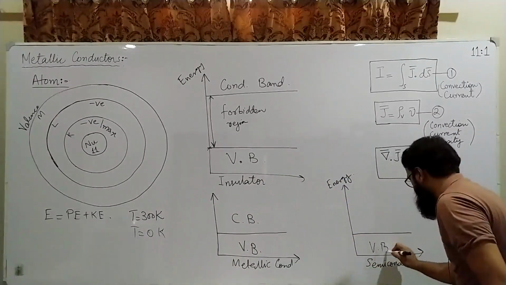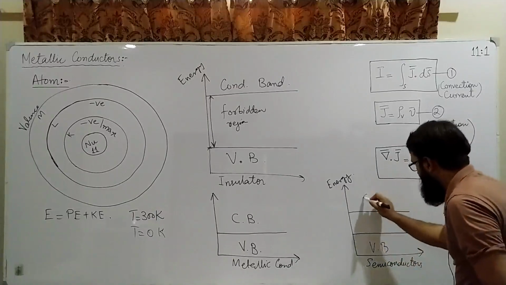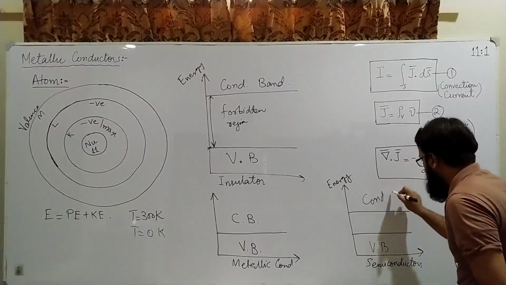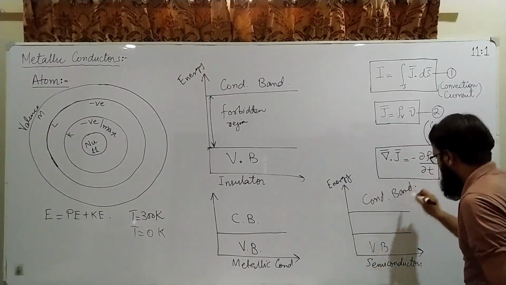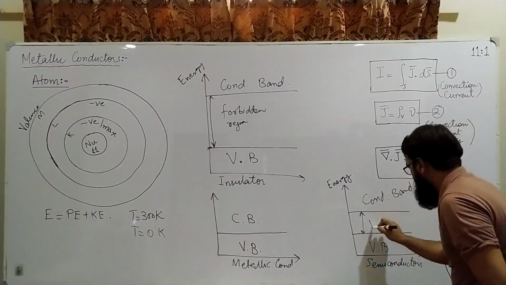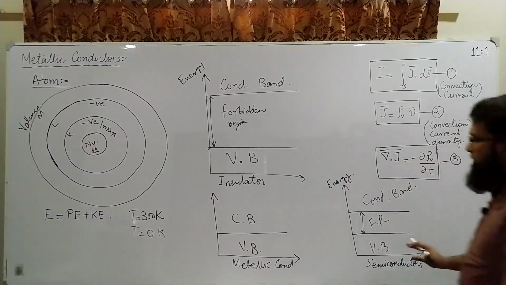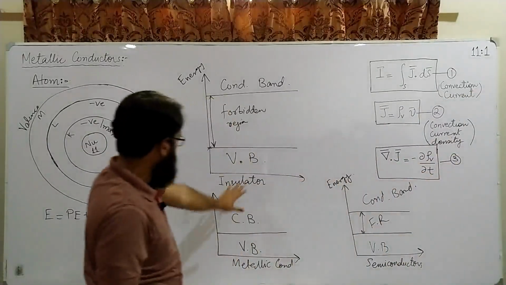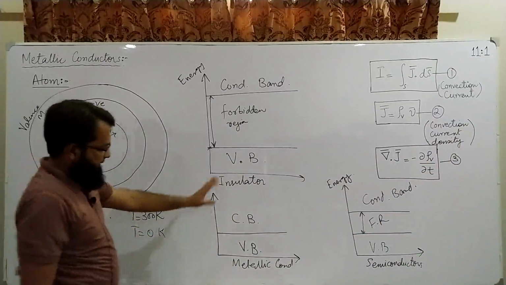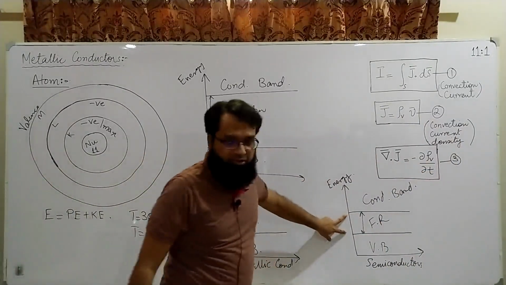So valence band and conduction band are separated by a forbidden region, which is comparatively very small as compared to the forbidden region of insulators, but this energy is considerable.